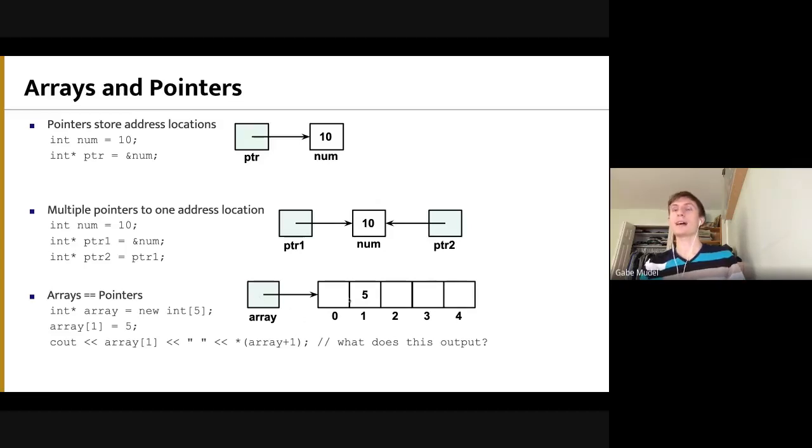The way that C++ accesses an array at a particular index is it takes the pointer to the beginning of the array and adds the offset, right? So this probably isn't worth spending too much time on. Array at 1 and star of array plus 1 are going to output the exact same thing. It's going to output 5.